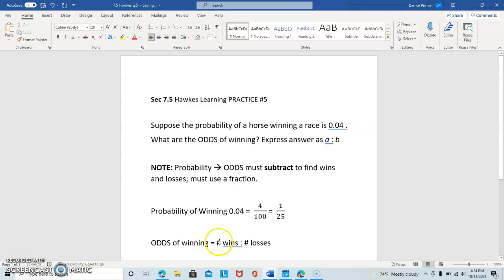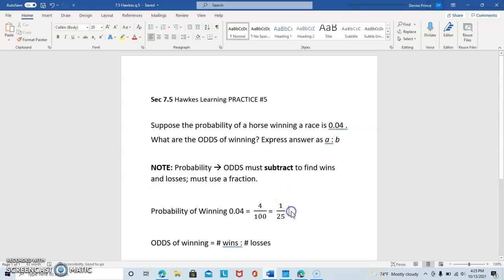The odds of winning are equal to the total number of wins compared to the total number of losses. So going back to this note up here, if you're converting from probability to odds, you must subtract to find the wins and losses. Must use a fraction or start with a fraction.